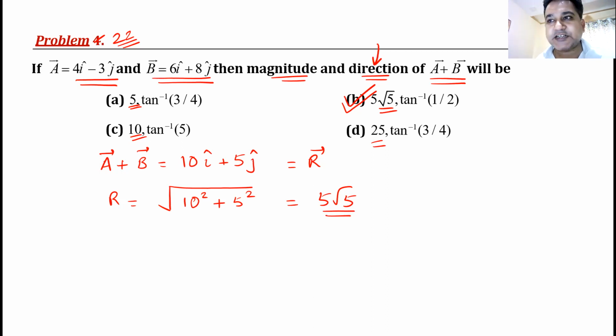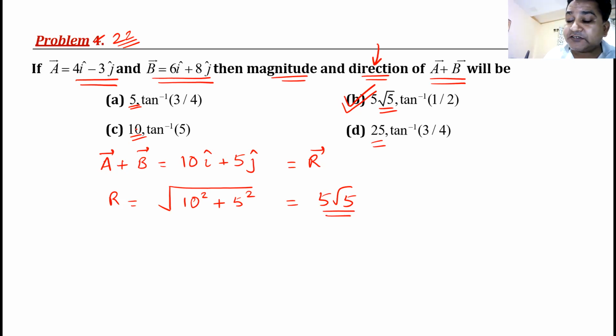Please say that, sir, we are understanding. I don't have to find the direction here. Just by finding out the magnitude, just by finding out one part of the answer, you should be able to mark the correct option. Am I clear?